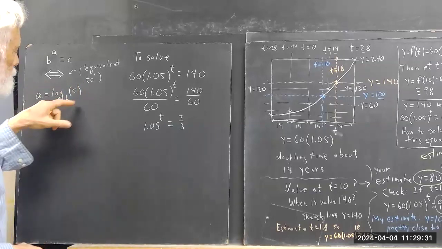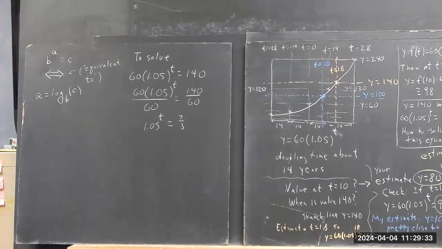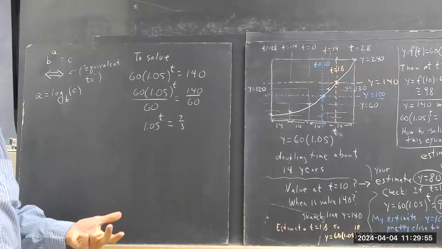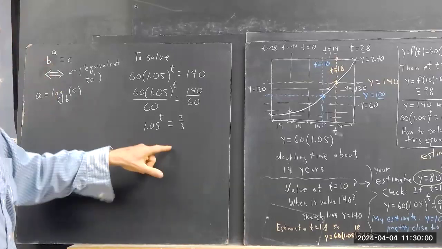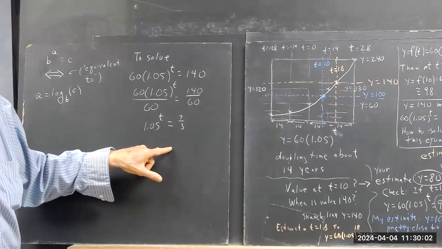A equals log base B of C. Now, what in the world is this log thing, and what's log base B? Well, you have a log button on your calculator. I won't explain yet what the log is, but we will very shortly. Right now, you can treat it as a button on your calculator. Now, we want to understand more about logs than that, but as far as solving equations, that's it.